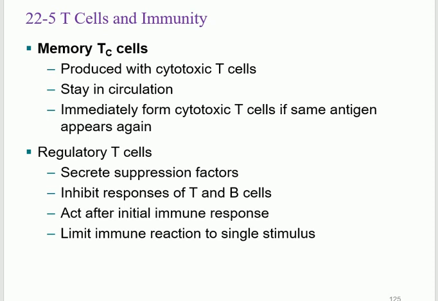You did it before. So this is the rationale of having these memory cells. And I mentioned before that the memory cells will have different lifespans. We don't have to know exactly what they are, but understand they have different lifespans. Some of them will stay for a week, some for a month, 6 months, for life, like I talked about measles. So this is all the memory cells.